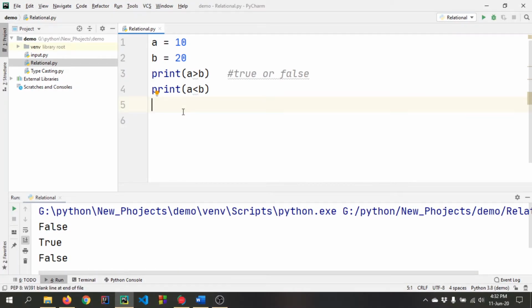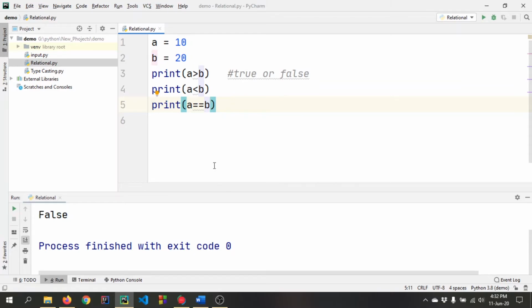We can also print another statement, which is a equal to b. Here I have written two equal signs because I want to compare whether a is equal to b, whether a is the same as b or not. We'll run this. We can see in our console false because a is not equal to b, because a is 10 and b is 20.